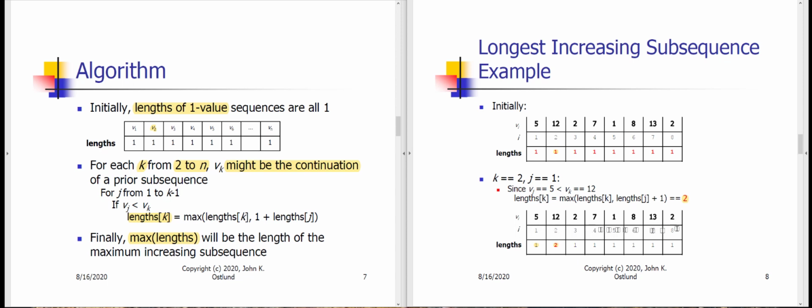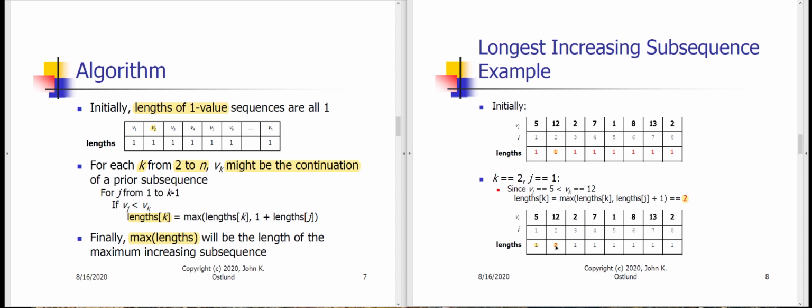This is off by 1 if we're thinking about this in terms of Python code, because of course in Python code our array indexes are going to run from 0 up to n minus 1. But in this mathematical formulation, we're using indexes of 1 through n. So does that make sense?